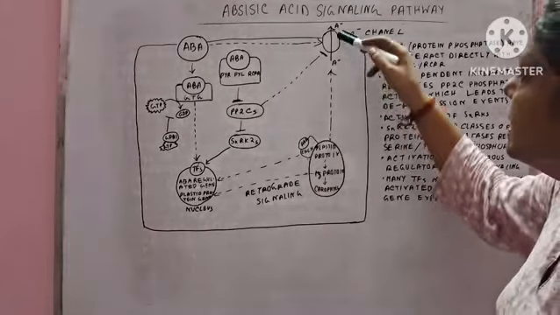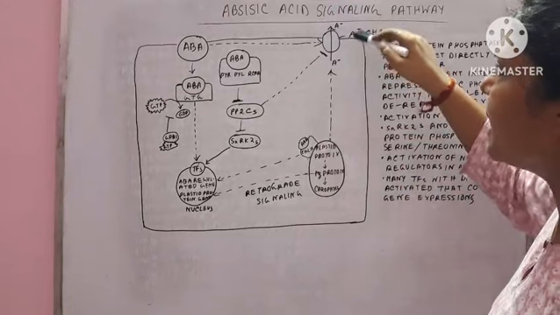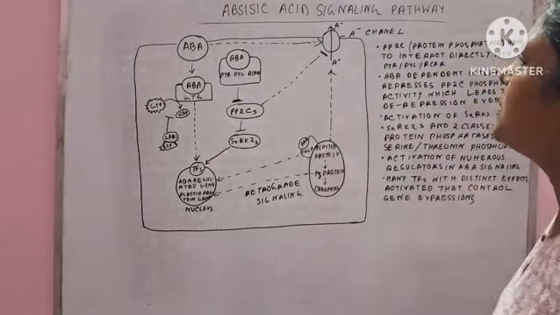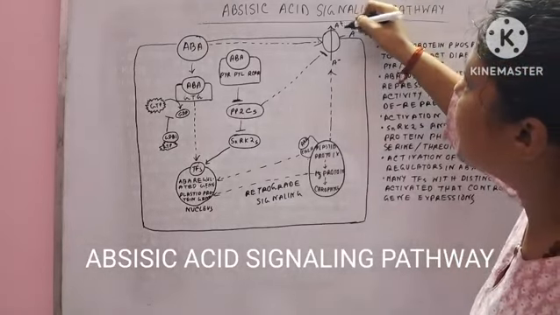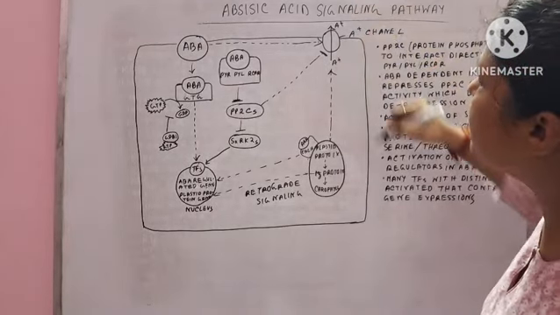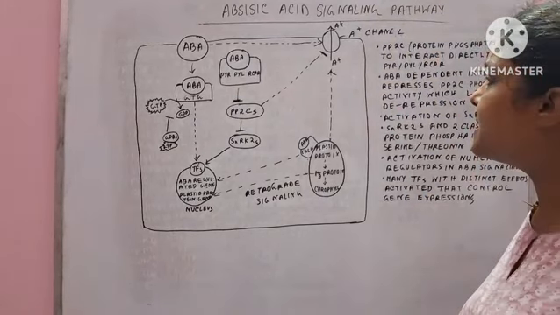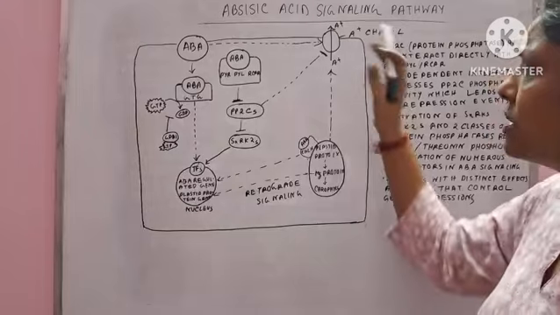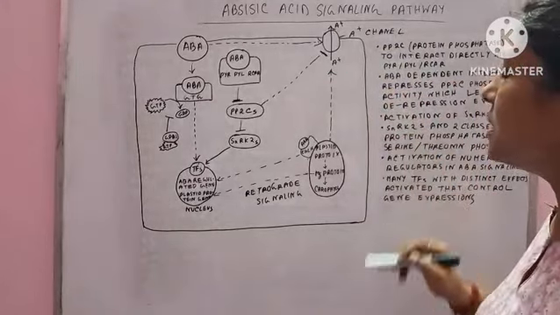And in this part, this is a channel, the calcium related channel. Calcium dependency and independency is important for the activation of the ABA signaling pathway.